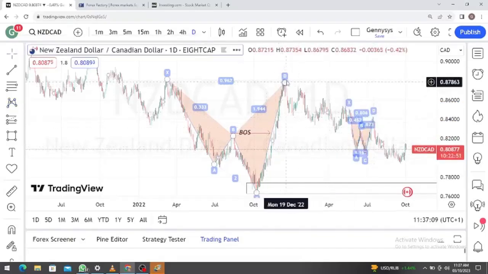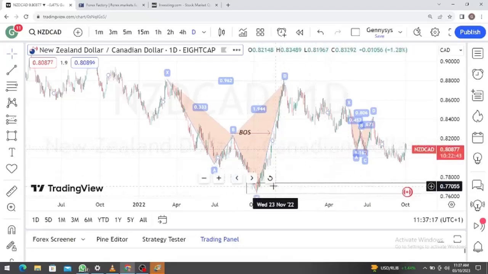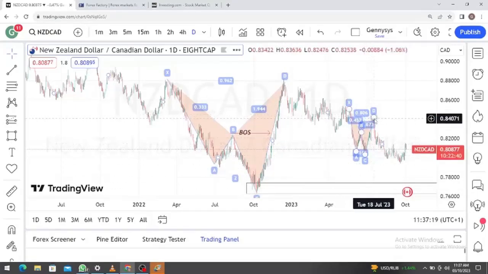Right, so this was sometime in last year. I think I played this, took this trade. The idea is to take it all the way down to this other block. Also played this trade. I think I got the second entry around here, if I am not mistaken.